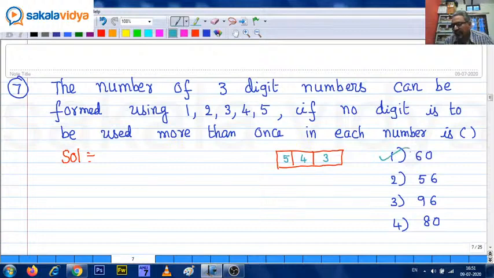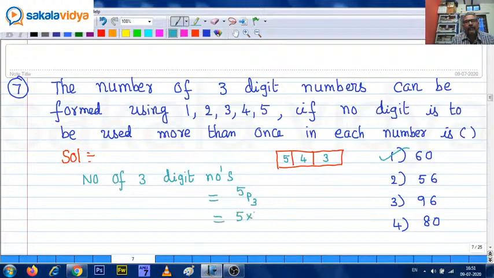Directly, by simply visualizing, we can write the 60 answer, but let us write it now. The number of 3-digit numbers without repetition is 5P3, that is 5 into 4 into 3, that is 60. We get 60 numbers.